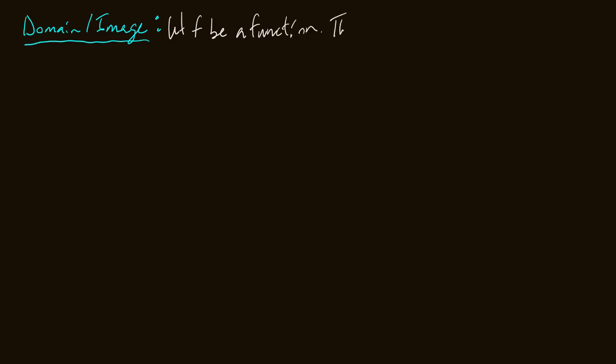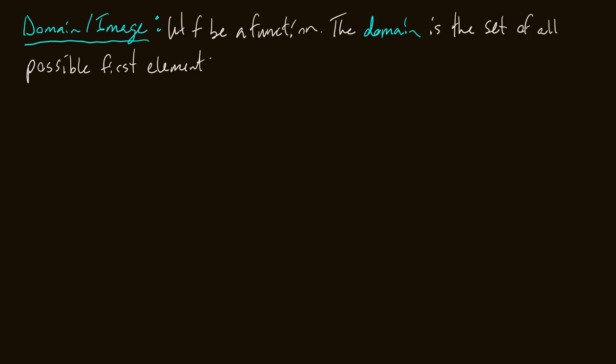So, we are going to let f be a function, as we do around here. Now what we're going to say is the domain, let's use our blue, let's try to stay color coordinated. The domain is going to be the set of all possible first elements of the ordered pairs in F. So that is our domain.